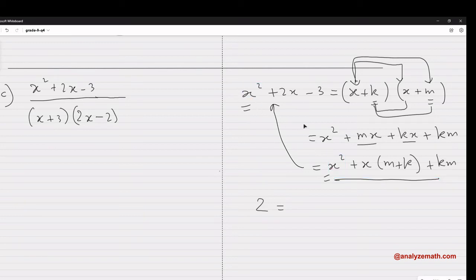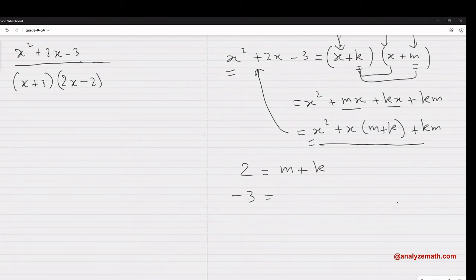The coefficient here is 2, and here it's m plus k. The constant term here is negative 3. The constant term here is k multiplied by m, or m multiplied by k.